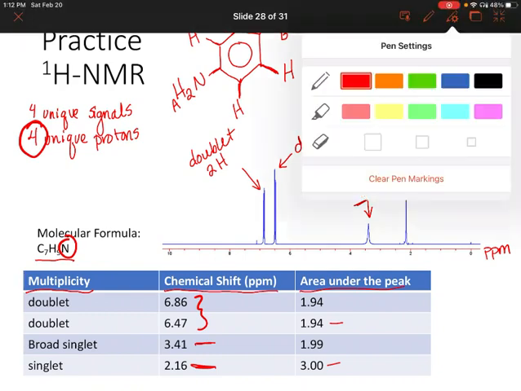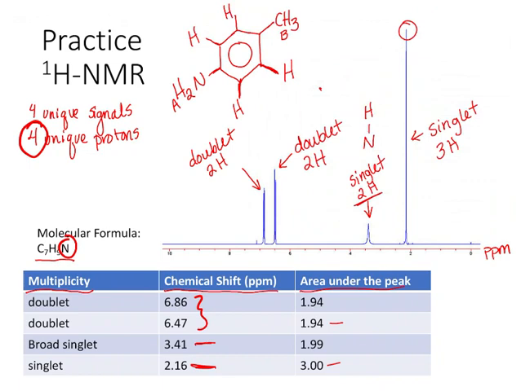The plane of symmetry runs through the middle of the molecule, and that tells me that the 2 protons closest to the methyl group will be the same, and then the 2 protons closest to the amine group will be the same. Okay, so now we have 4 unique protons, and this makes a lot of sense.